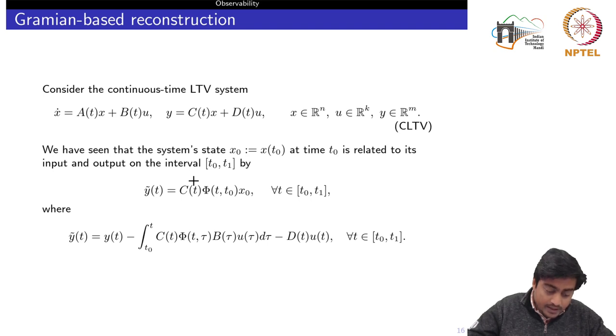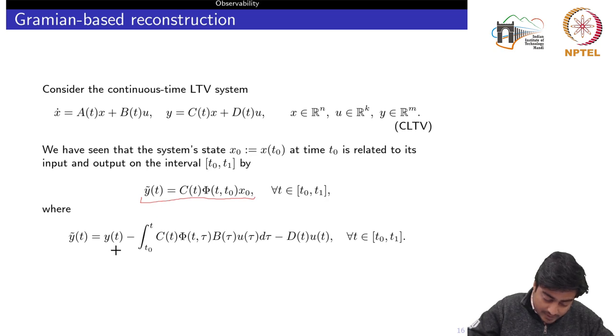Now we can again use this Gramian to actually reconstruct the state. So consider again this LTV system given by this pair A, B, C, D. We have seen that the system state x0 at time t0 is related to its input and output on the interval, this one. And this we have obtained from the variation of constants formula we had seen earlier.